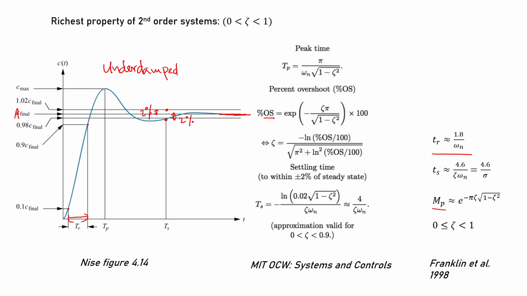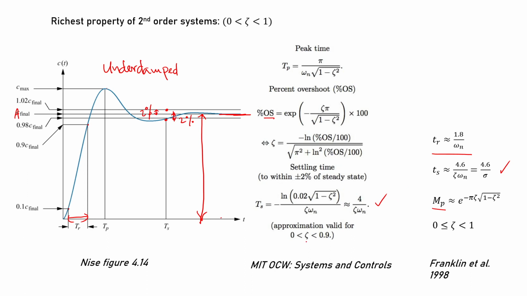It means this value divided by this value, I mean this 10 divided by this 10, so you can compute it as a percentage, right? So 2% settling time is like this, right?